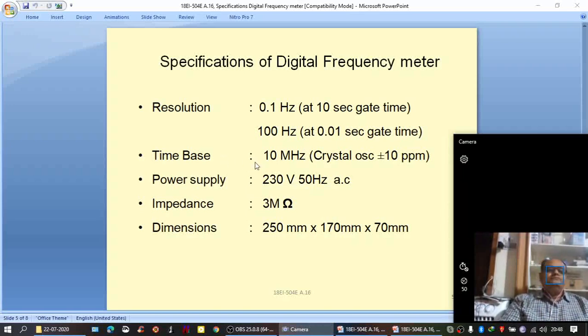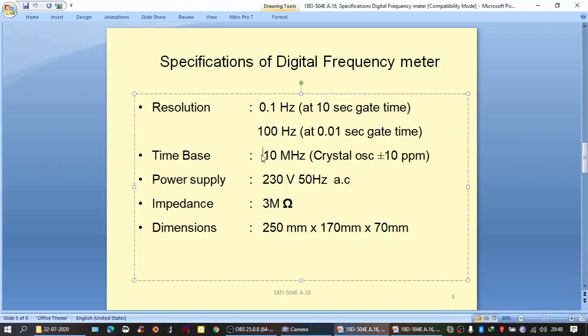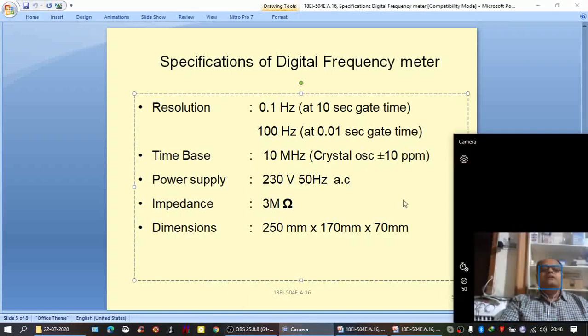Next, time base. Generally, all frequency meters that are available commercially use a 10 megahertz crystal oscillator with an error of plus or minus 1 part per million. That is, a 1 megahertz signal will contain 10 power 6 minus 1 cycles or 10 power 6 plus 1 cycles in 1 second.